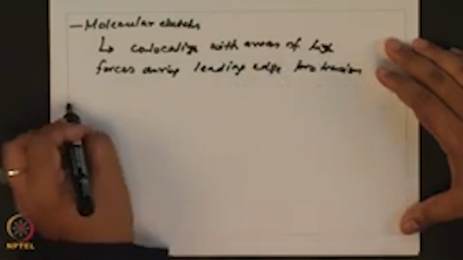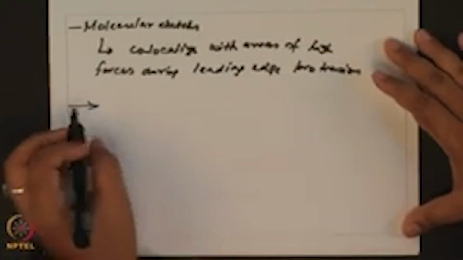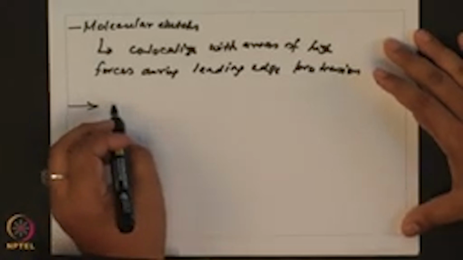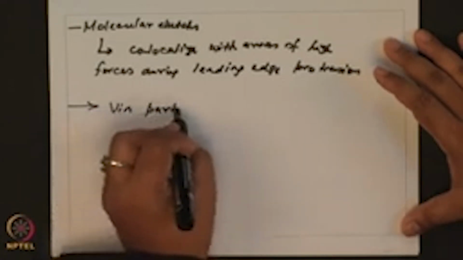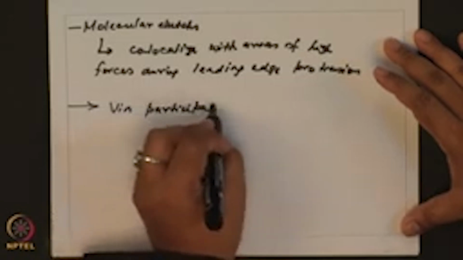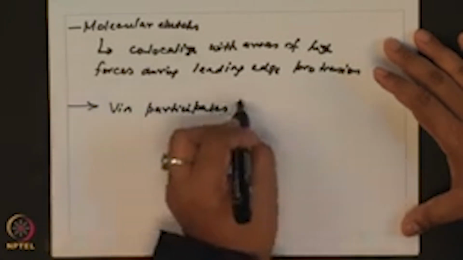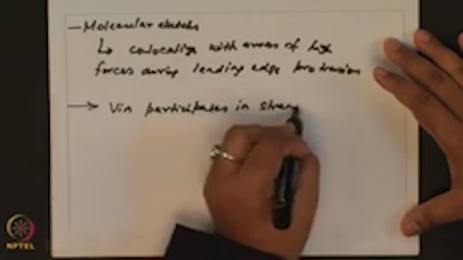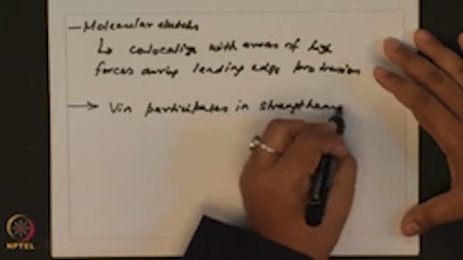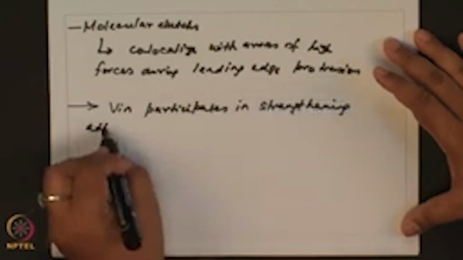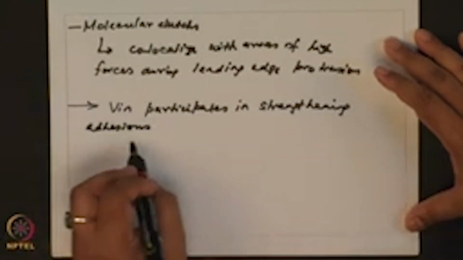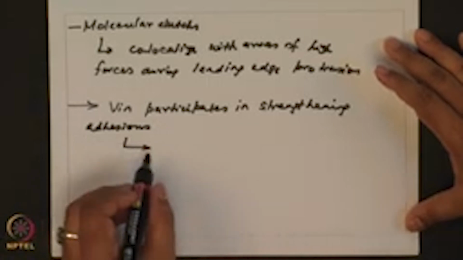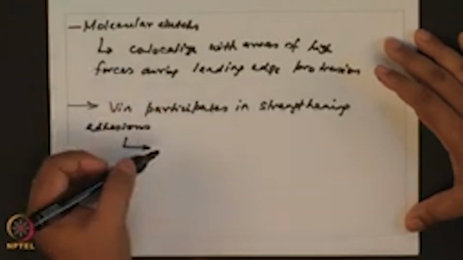Okay. So, based on all of this, people have thought that vinculin participates in strengthening adhesions. Okay. Such that if there is an increased force, then you have increased recruitment of vinculin.